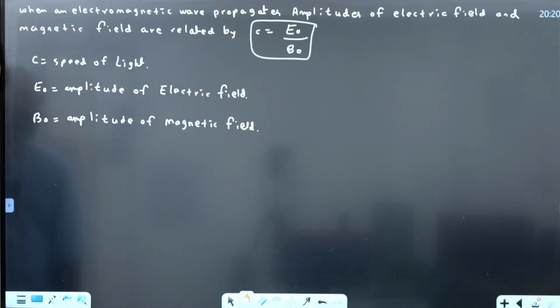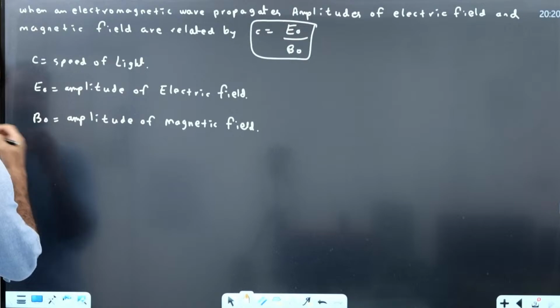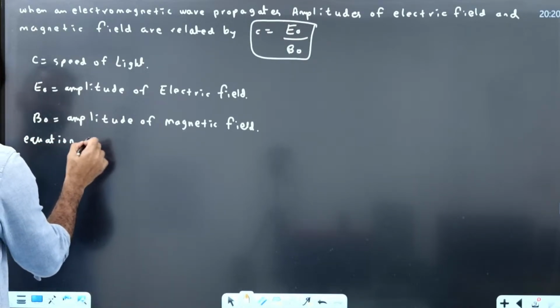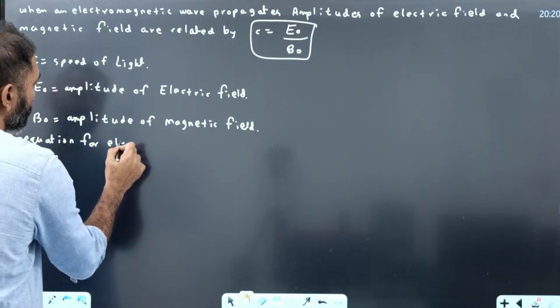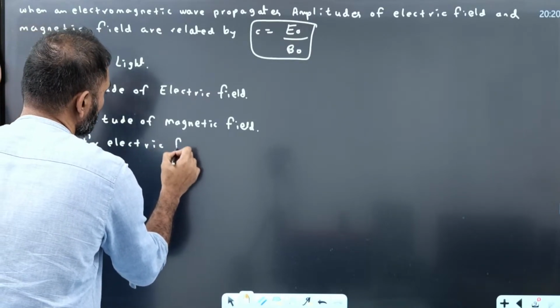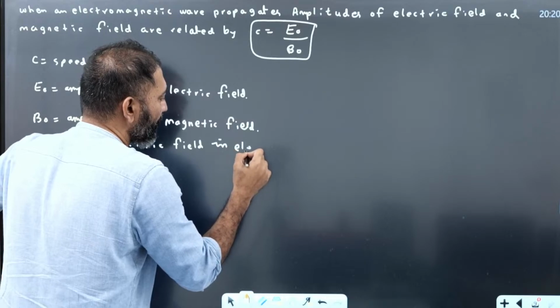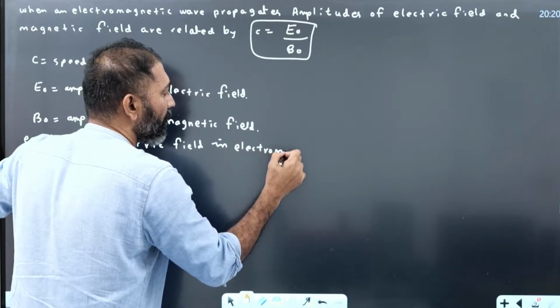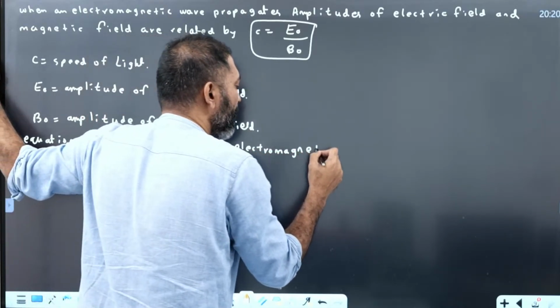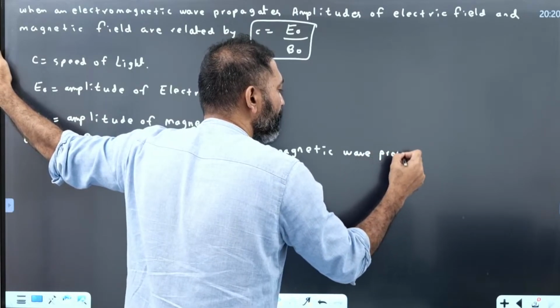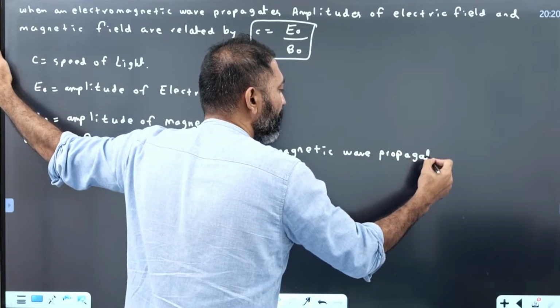C is speed of light. Equation for electric field in electromagnetic wave propagation. Equation of electric field.